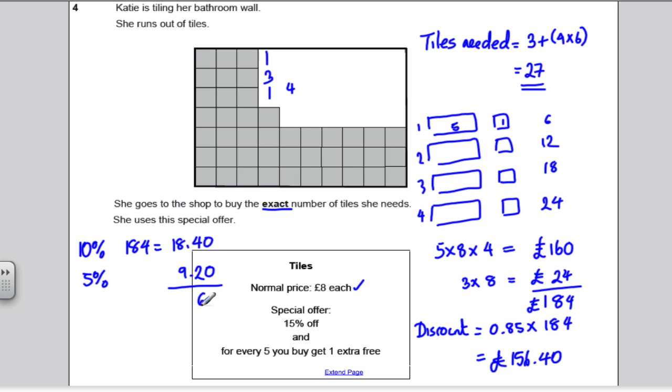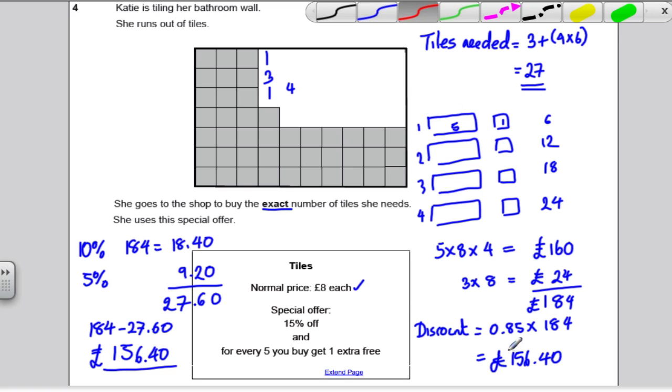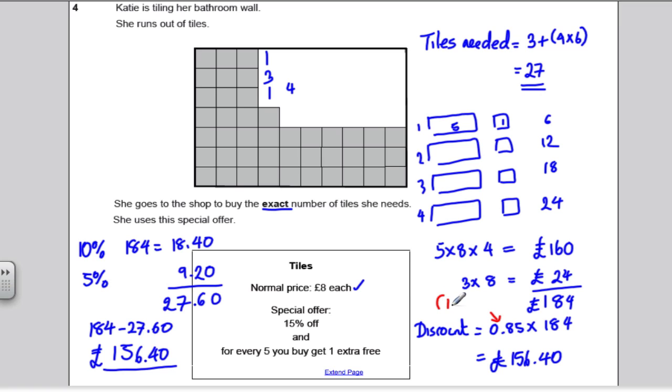So the total discount would be £27.60, and then if you did 184, take away the £27.60, you would get the same answer of £156.40. I would recommend using a decimal multiplier. To work out 15% reduction, you multiply by 1 minus 0.15, which is 0.85. Just to make that clear where I got that from, that is 1 minus 0.15.